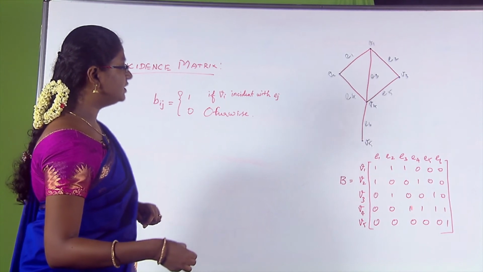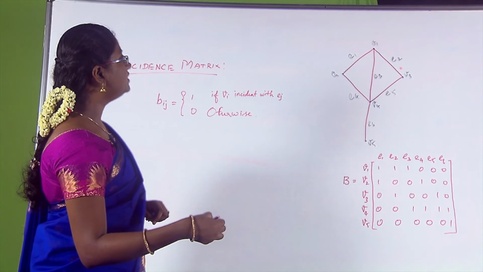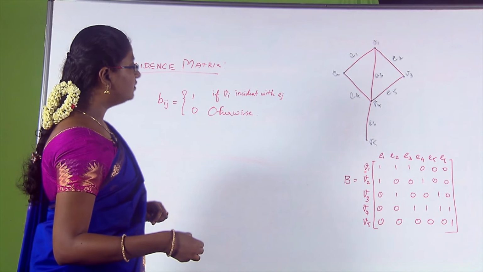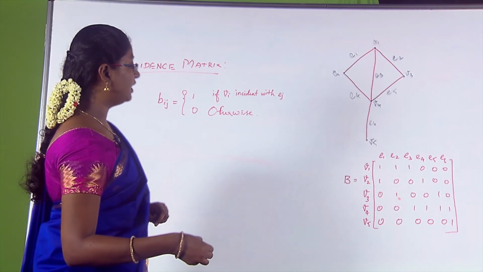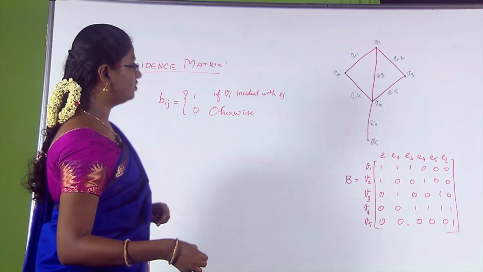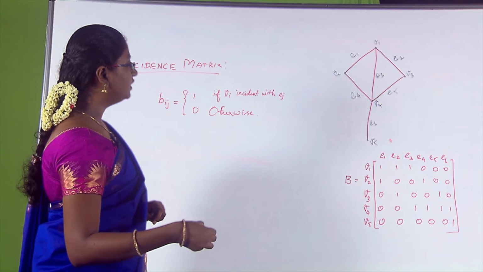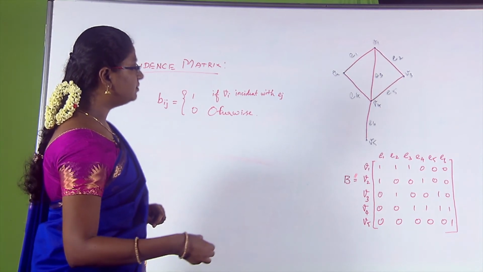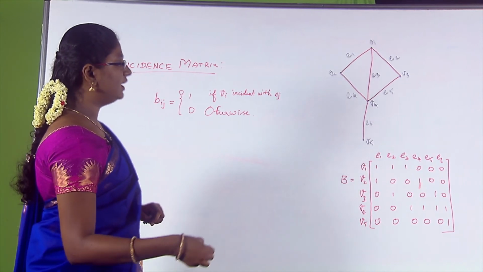The second column corresponds to E2, and E2 is incident on V1 and V3, so the first row and the third row entries become 1, the rest are 0. Similarly, E3 is incident on V1 and V4, so the corresponding entries become 1 here, and the rest of the entries are 0. Similarly, we can find the incidence matrix by focusing our attention on the columns.